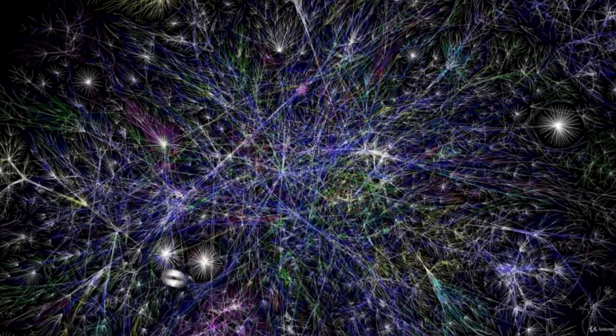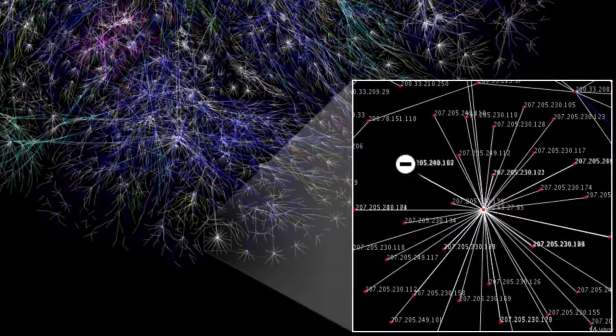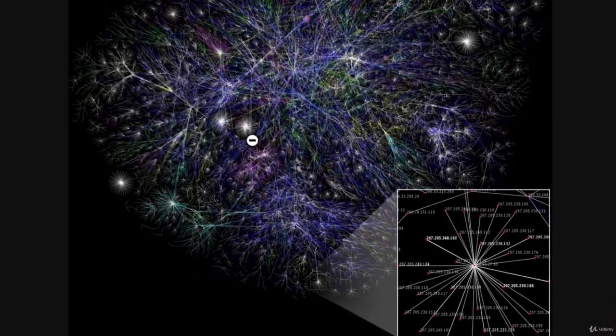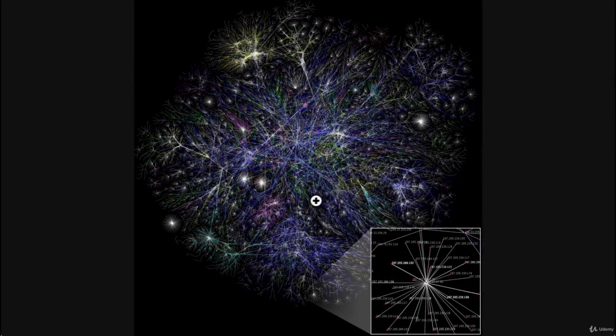You can see that each one of these dots is an IP address, so a computer that is connected to another computer that is connected to another computer. And that's the internet. The internet is just all these connected computers transferring files between each other.